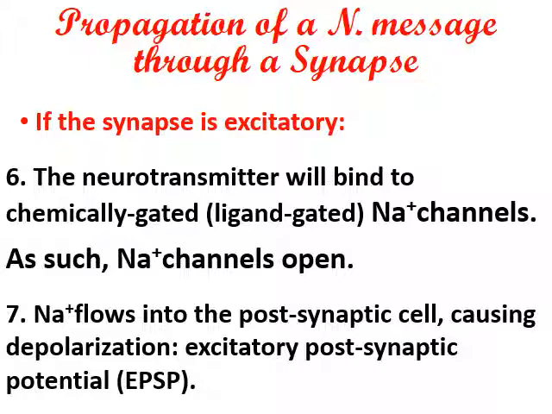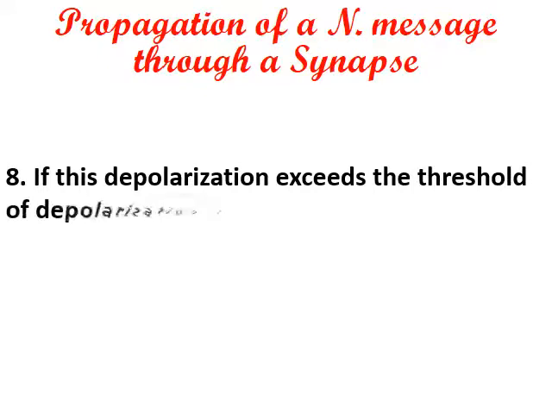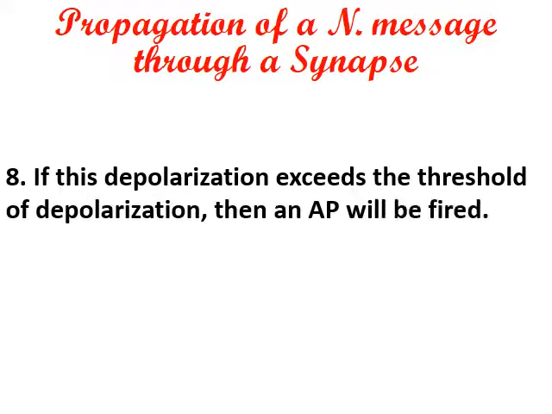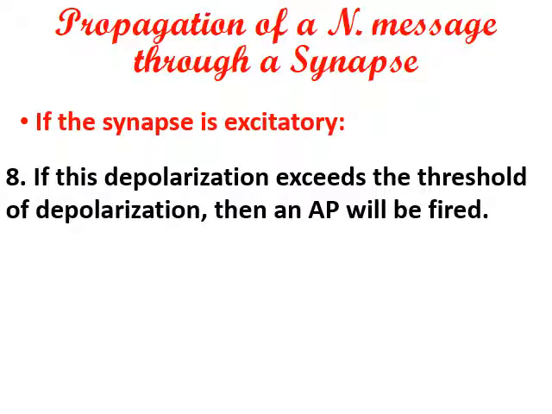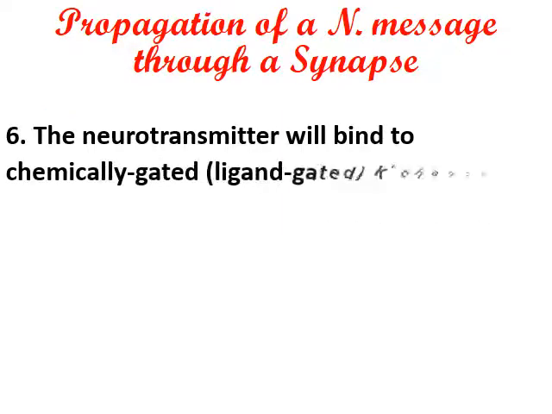What we have now is called EPSP: E, excitatory, P, post, S, synaptic, P, potential. EPSP, excitatory postsynaptic potential. If this depolarization exceeds the threshold of depolarization, then an action potential will be fired. This is if the synapse is an excitatory synapse.